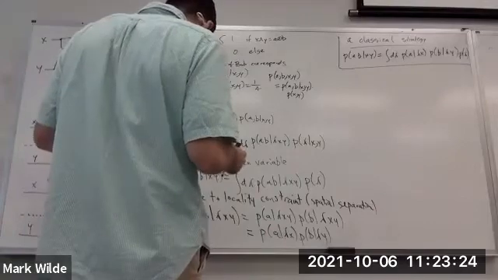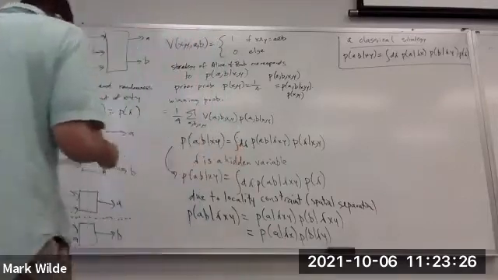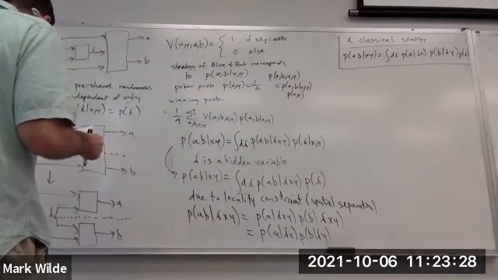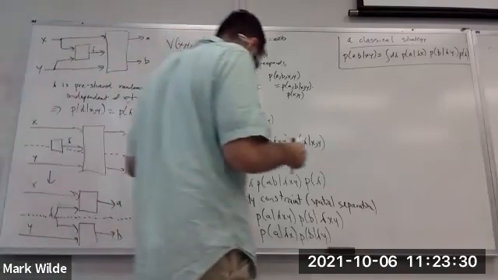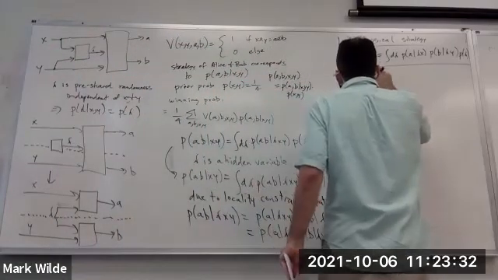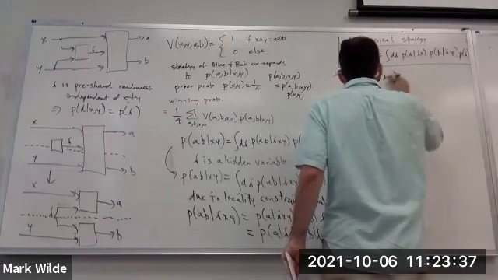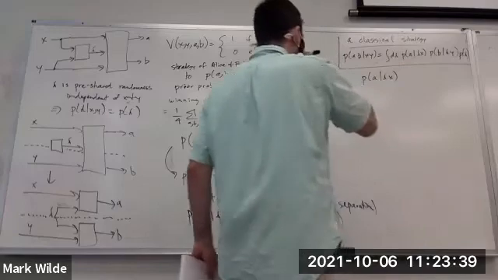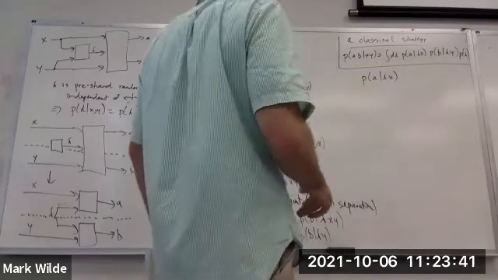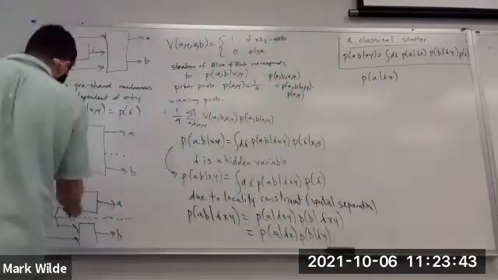Right, so what I want to argue next is that for this distribution, probability of A given lambda, X, that corresponds to this part of the diagram.